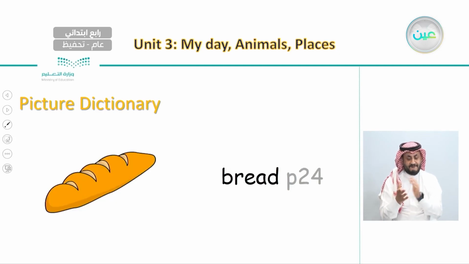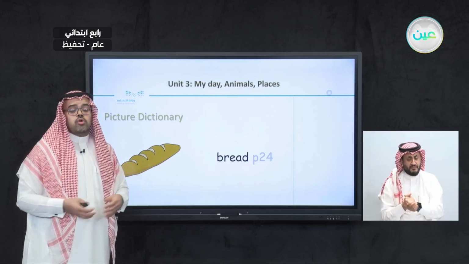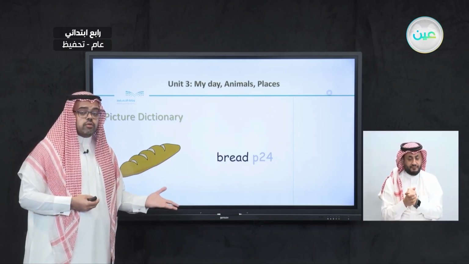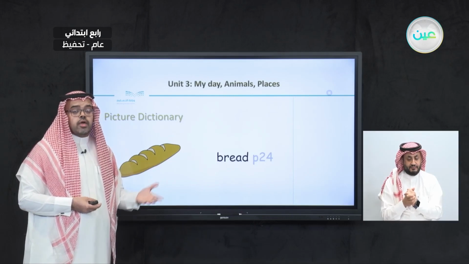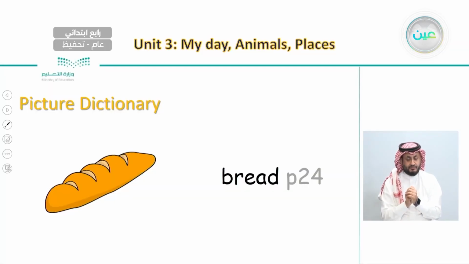Also, we have the word bread, which is a kind of food that we usually eat in the morning or at school as a school lunch. That can be seen on page 24.